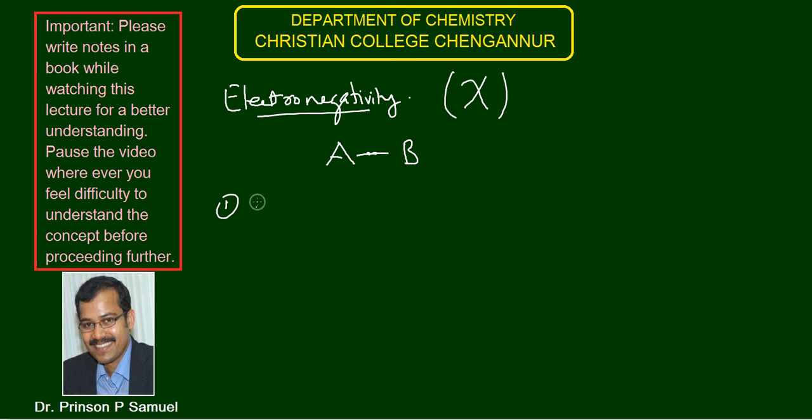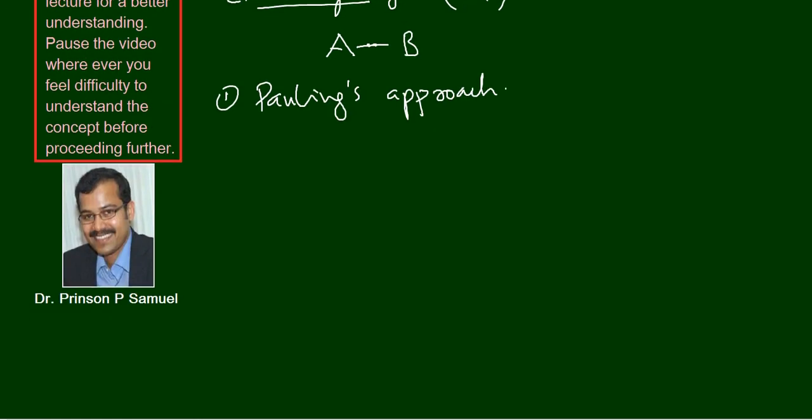Pauling's approach on electronegativity. According to Pauling, electronegativity of an atom is the power of that atom in a molecule to attract the electrons to itself. What is that?